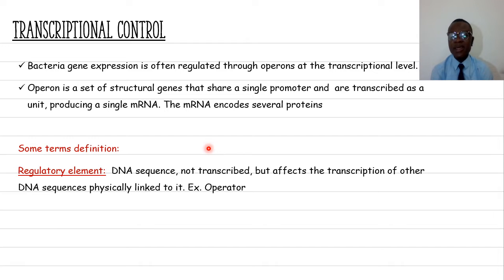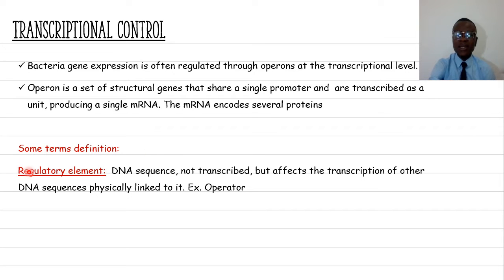The mRNA produced from an operon will serve as a template for the production of several proteins. Don't worry about the fancy terms like the promoter and so forth. We're going to break all of those terms down in subsequent slides.